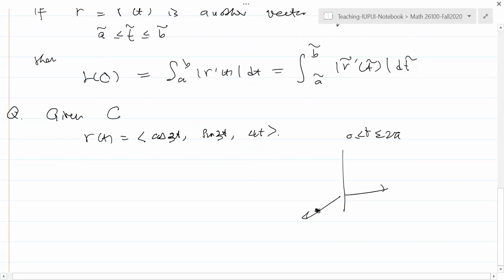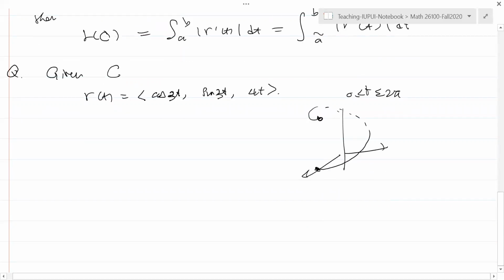This is a starting point, and then it rotates to the same point. So we want to find the length of this curve in the space. When t equals 2 pi, I will get 1, 0, and 8 pi. So this is my P, and what is z equal there?